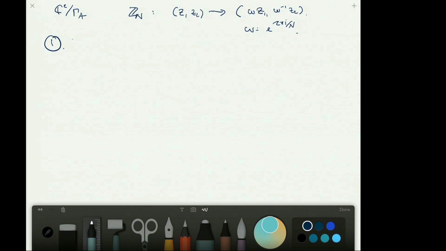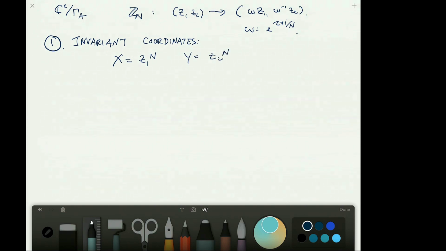So the first step is invariant coordinates. A natural choice here is, let's say, x equals z1 to the n, y equals z2 to the n, and then let's define z as z1 z2. So these are invariant under this. So what we will do is write down the equation that these will satisfy, namely x times y is equal to z to the n.